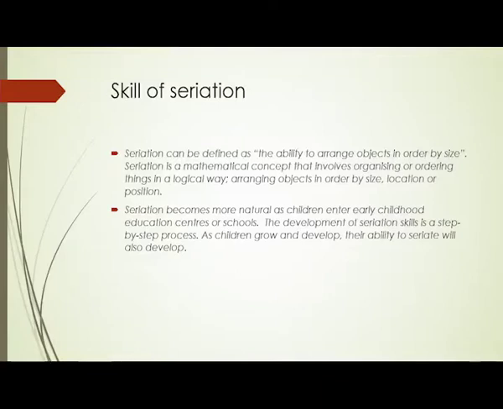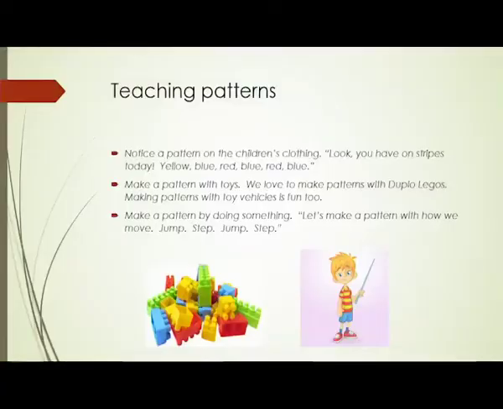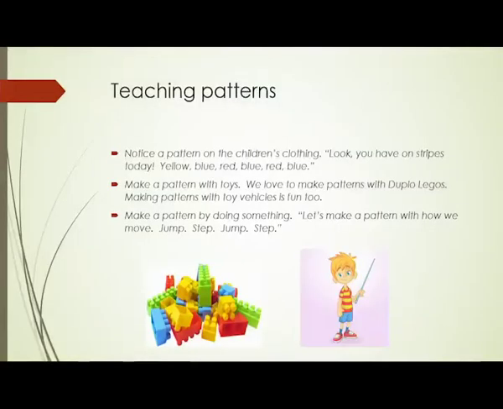How do I teach patterns? Notice a pattern on the child's clothing. Look, you have on stripes today. Yellow, red, blue, whatever. So make the child aware of certain patterns, even on their clothing.